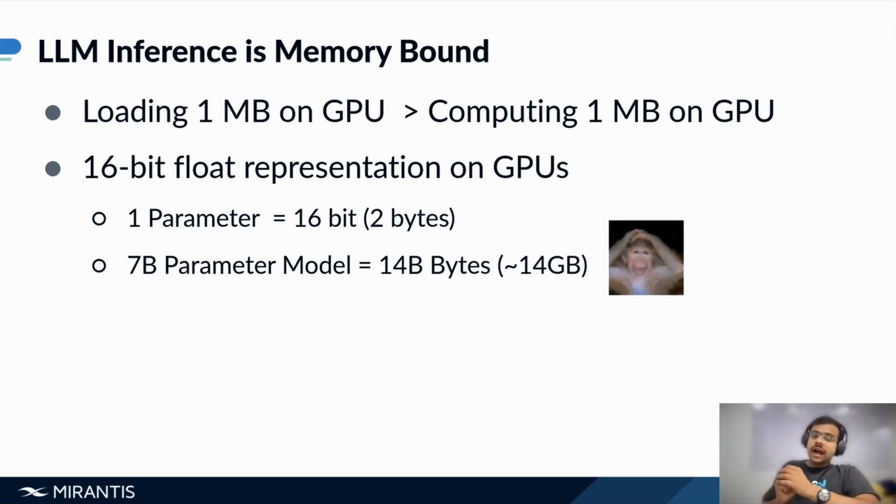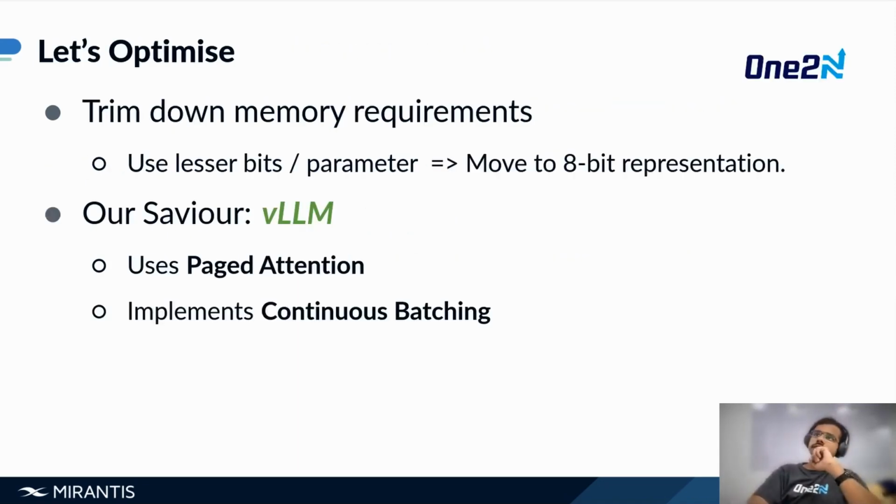That means that if I have to load a 7 billion parameter model, for example, Llama 3.1, just the act of loading that model in memory would take me around 14 gigabytes of GPU memory, which is a huge number.